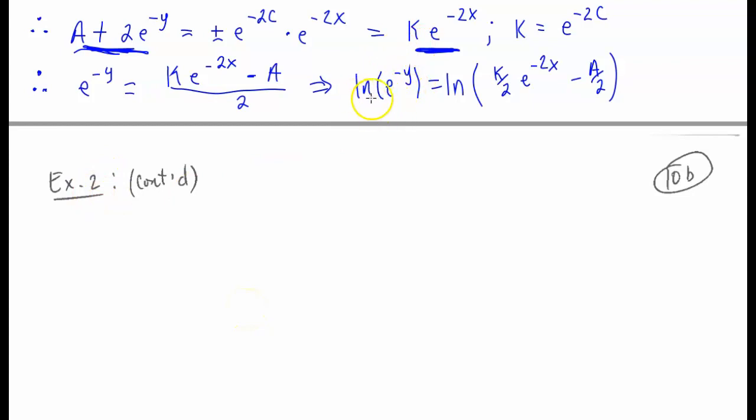So like we said before, on the left side, natural log of e raised to the -y is just going to be -y. And over here, what I'm going to do now is keep this like this for now, but I'm going to rename these as some simpler constants later.